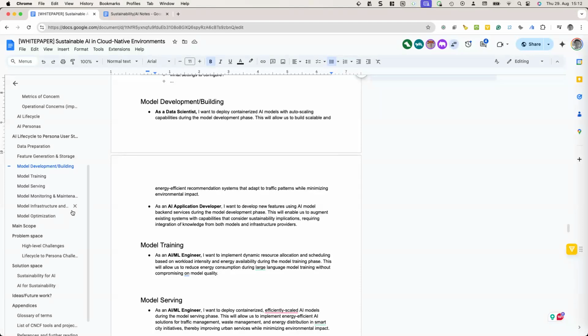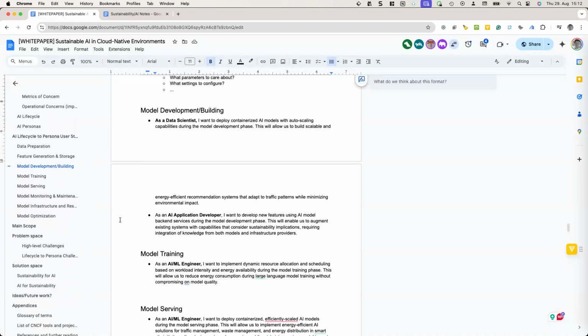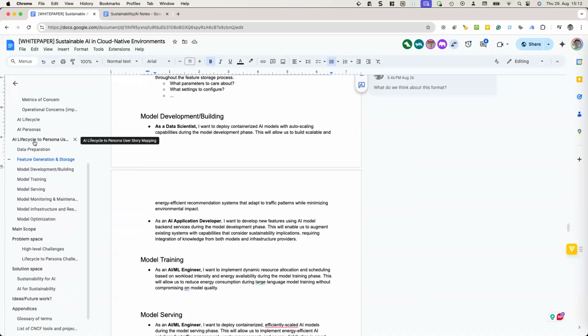So in this meeting, we'll try to structure the work and see if we can divide it. We now have 3 sections, and of these 3 sections, we potentially would have to find how we would want to divide, because the problem space, I'd say, is the core of this paper, and there's a lot of content that potentially could be framed as problems, from the AI lifecycle to persona and user story mapping.